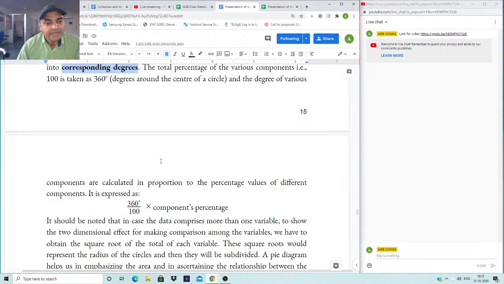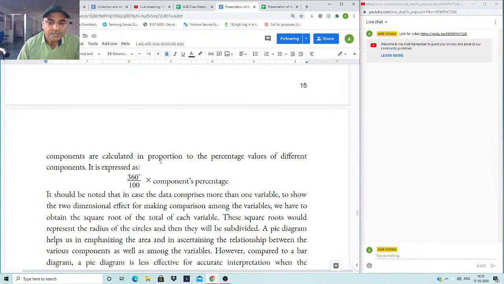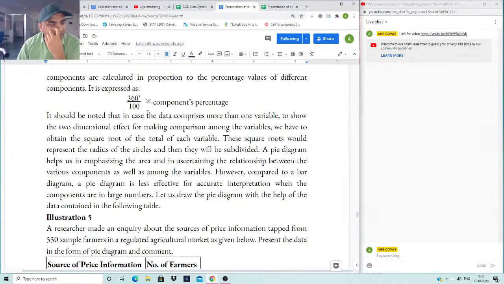The degrees for the various components can be calculated in proportion using this formula: 360 degrees divided by 100, into component percentage. Simply, we can say 3.6 into component percentage. Whatever component percentage you get, you multiply it by 3.6, and you will get it in degrees.